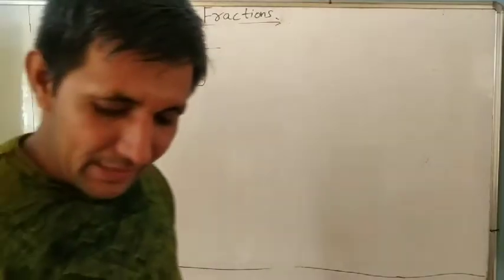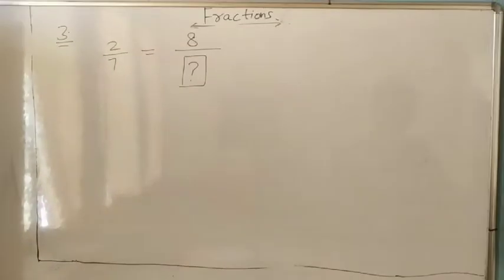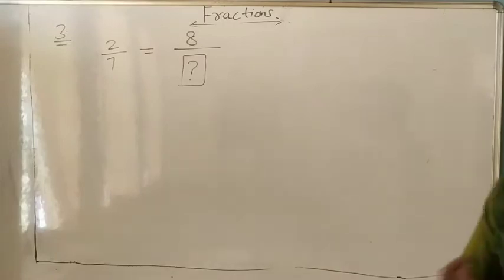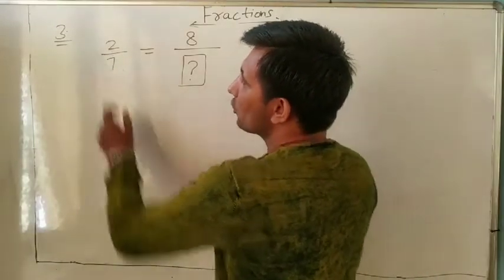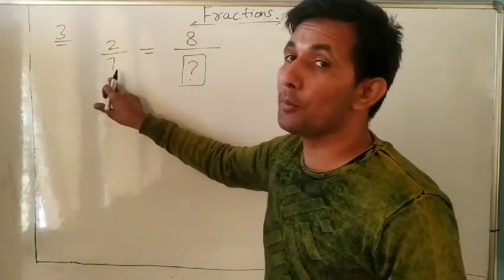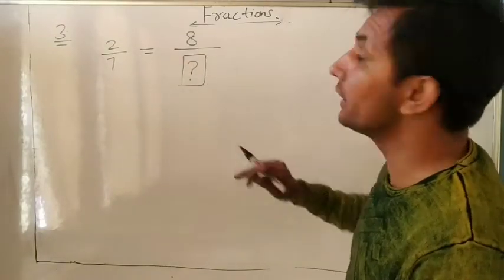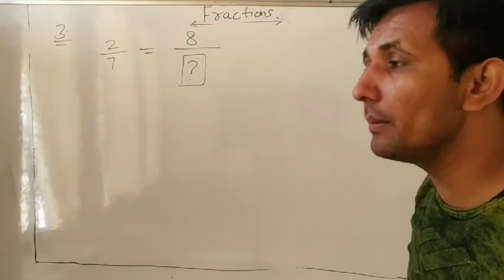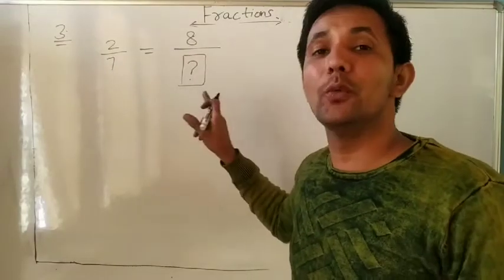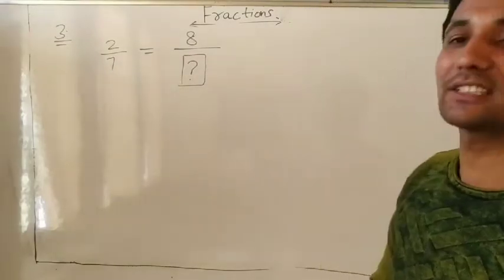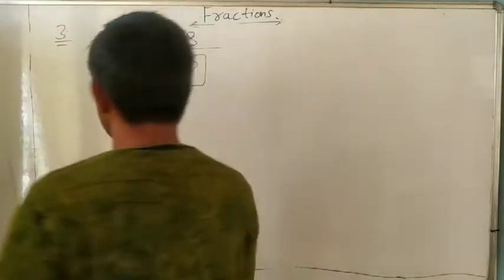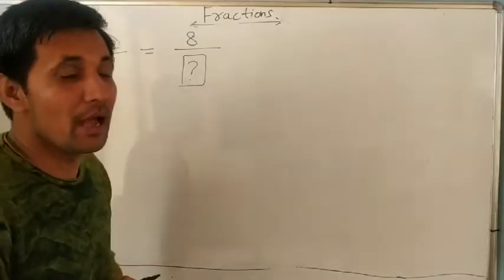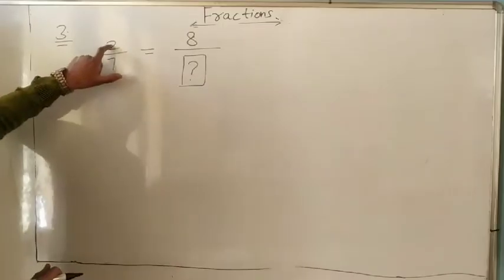Here is given 2 upon 7, and 2 upon 7 is equal to this one. It means the 2 fractions are equal. If 2 fractions are equal, it means they are equivalent fractions.